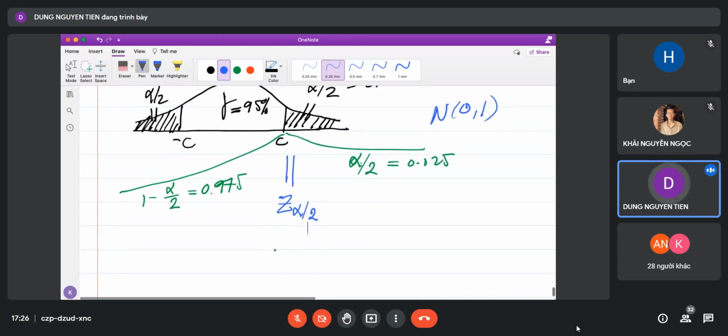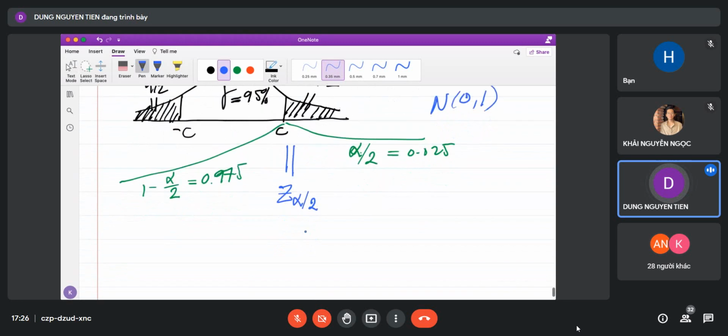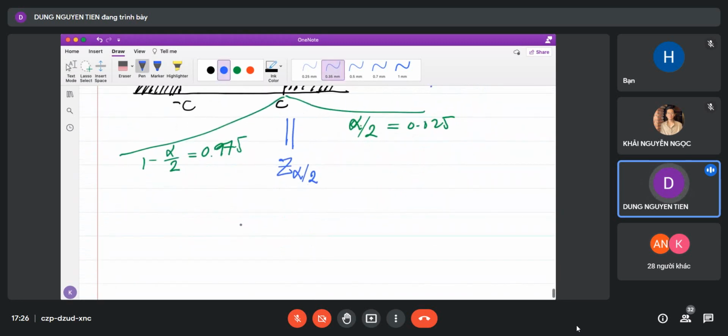All right, and then you can get the error. Let's say c is z alpha over 2, and with that you get epsilon over sigma over the square root of n.